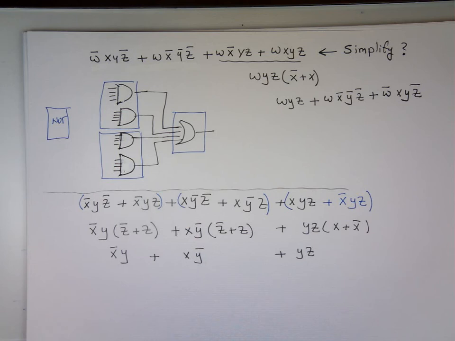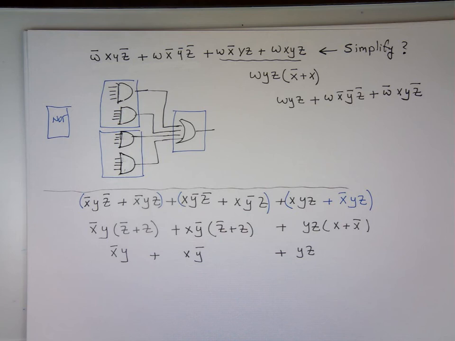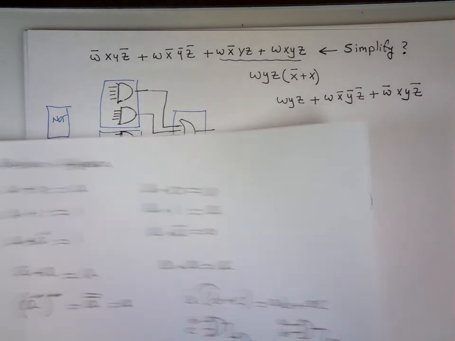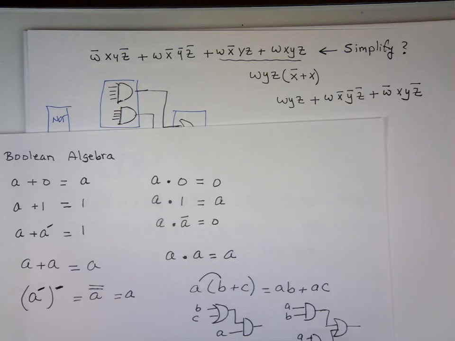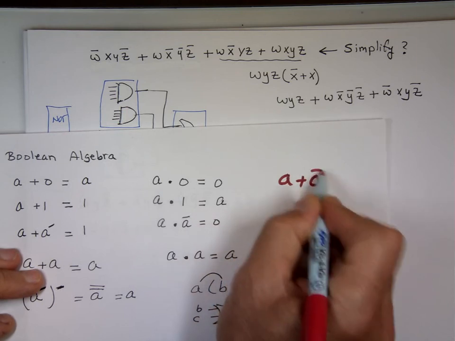The one thing I forgot to add to the list of Boolean identities, actually here, I'll make it in bold. Again, I use that a lot. That one.